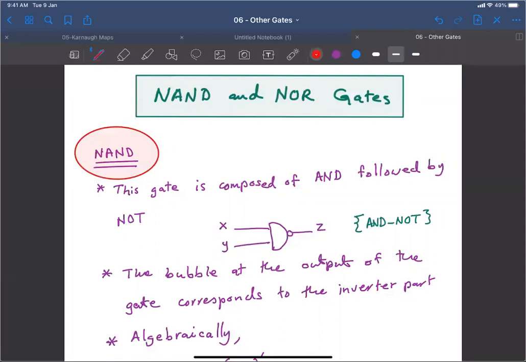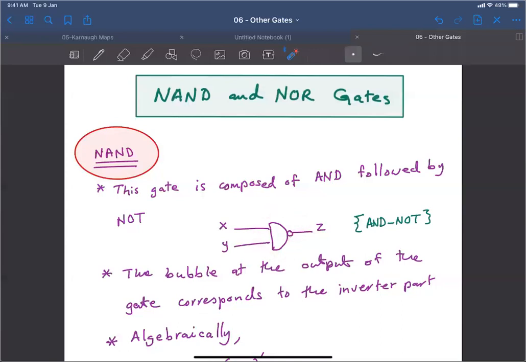Because this NAND gate is used a lot, we created a symbol for the NAND gate by itself, instead of just AND followed by a NOT. It is basically a pure AND with a little bubble at the end to indicate that this is nothing but a NAND gate.